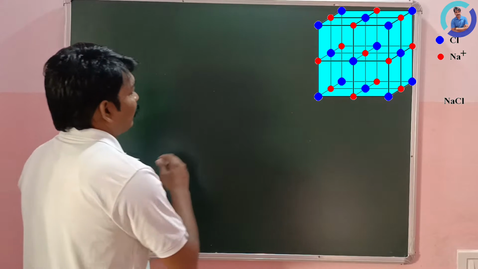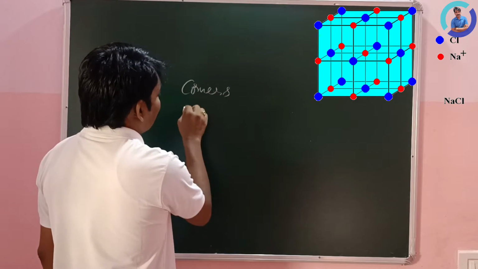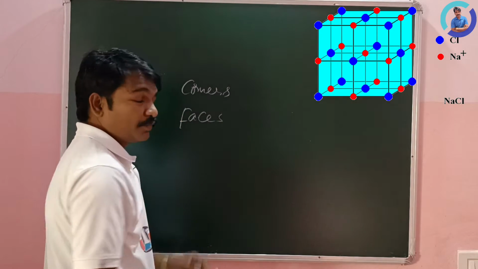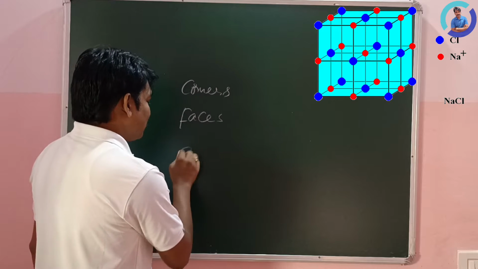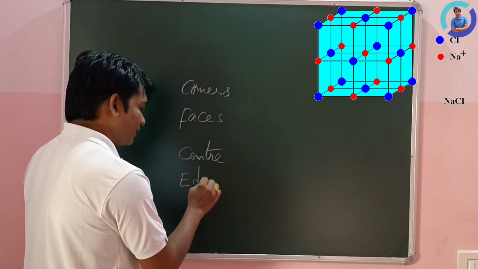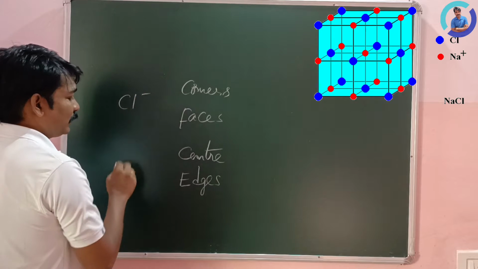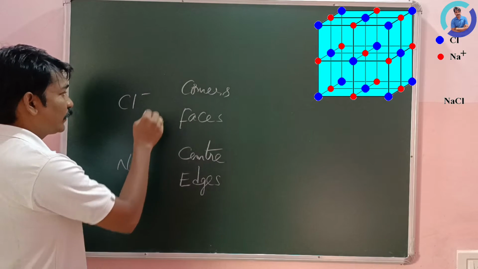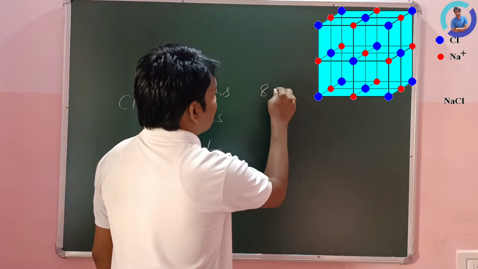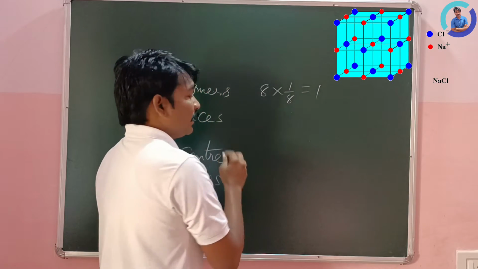Once you check that, the corners and faces are occupied by one type of ion, and the center and edges are occupied by another ion. If you take this one as a chloride ion and this one as a sodium ion, 8 corners are there, each corner contributes 1/8, which equals 1.